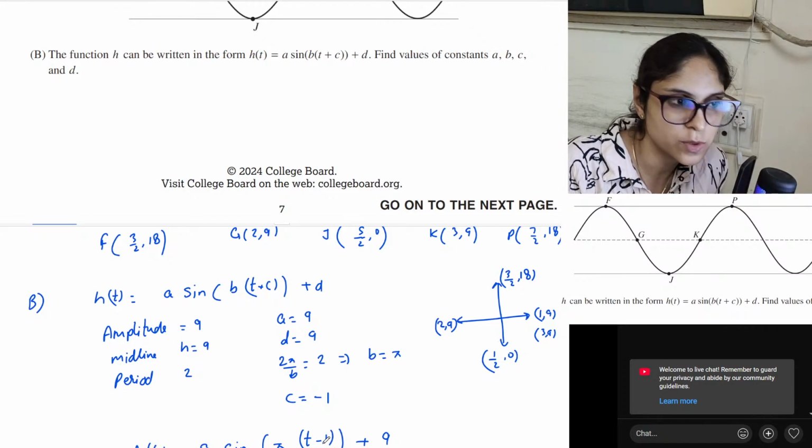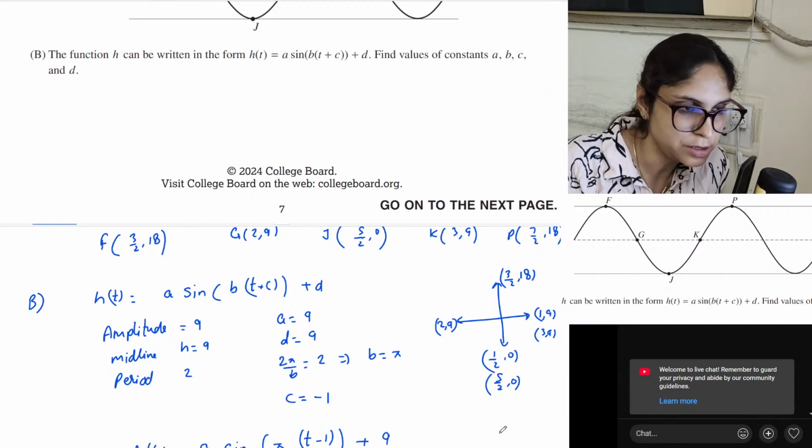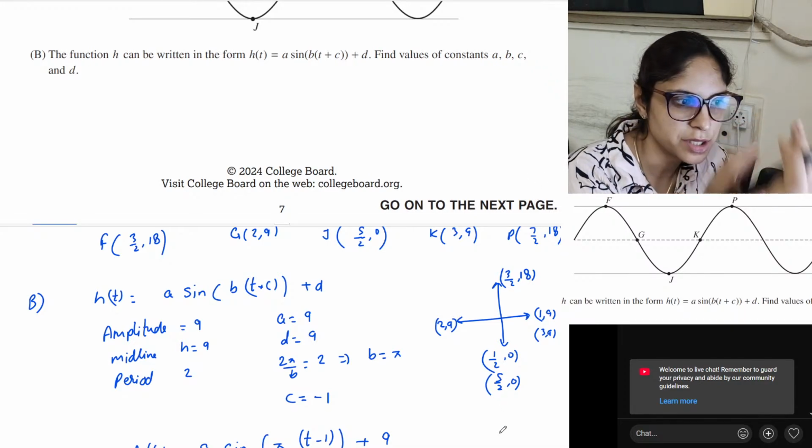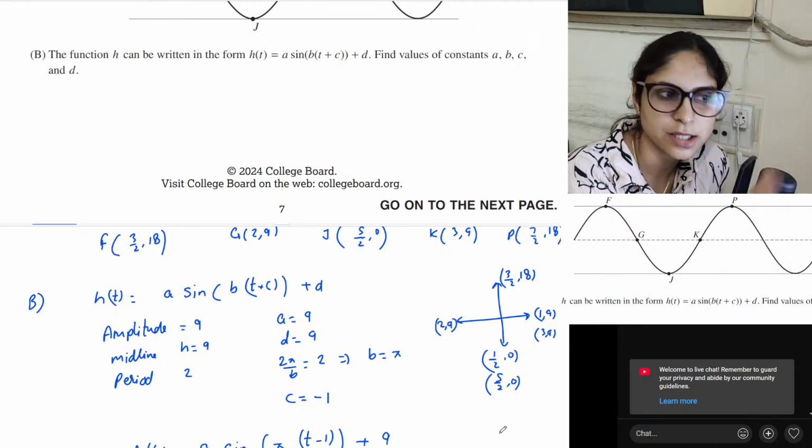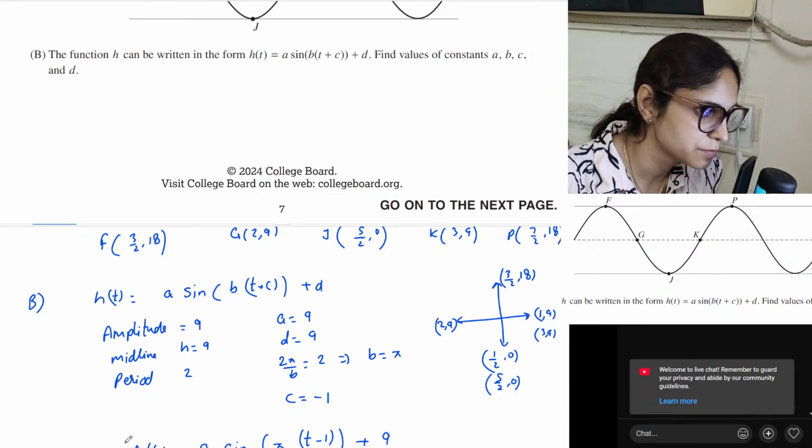When you put 2, 2 minus 1 is 1, so sin pi is again 0, you will get 9. And when you put 5 halves as well, 5 halves minus 1 is 3 halves, so negative 9, negative 9 plus 9 is 0. So I think this equation works.